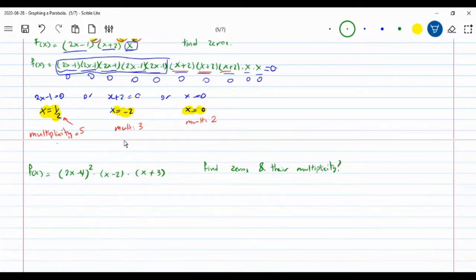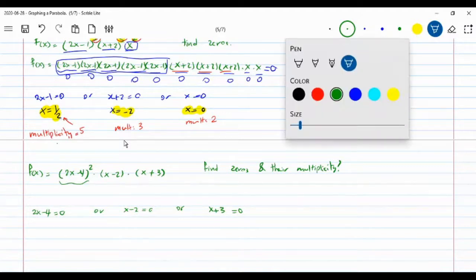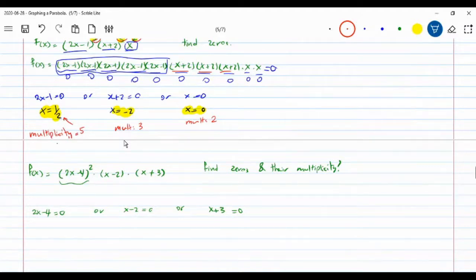Okay, zeros of f, that means this parenthesis is 0. So 2x minus 4 equal to 0. Or x minus 2 equal to 0. Or x plus 3 equal to 0. Right, so far we're just setting each parenthesis equal to 0.